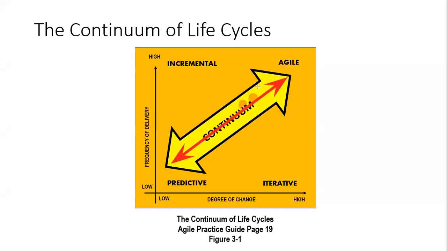And the side you want to be on is more to the right. See that? And we're not saying you have to be entirely agile. We're just saying more agile would make sense.